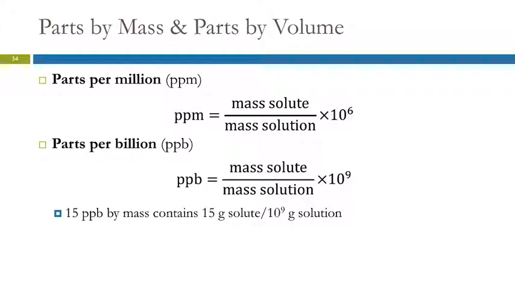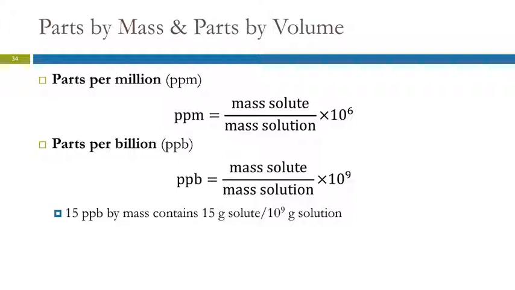Parts per billion, parts per million. We can make these units into conversion factors as well. 15 parts per billion means 15 grams of solute per a billion grams of solution. That's going to be a very, very small amount, but this is useful for things like measuring contaminants in water.